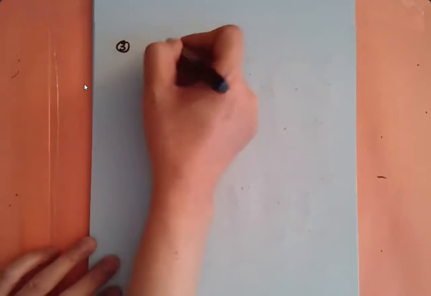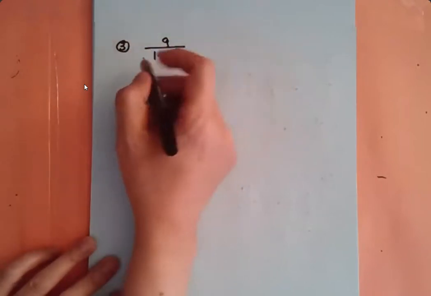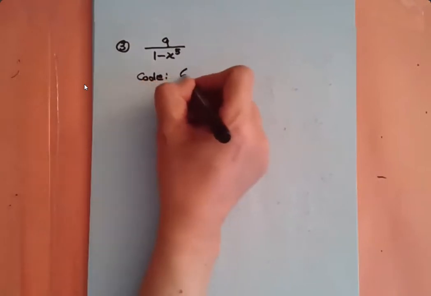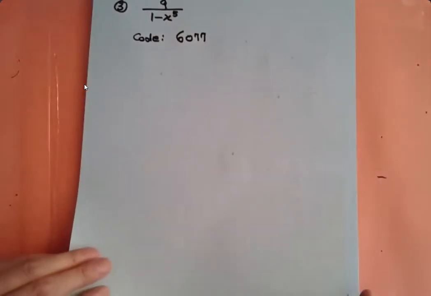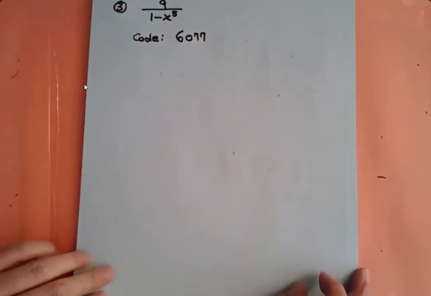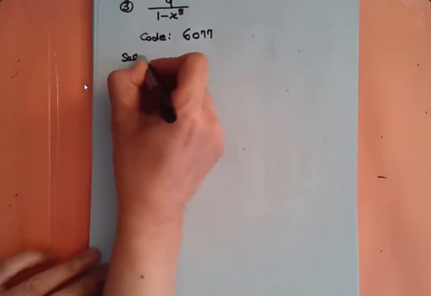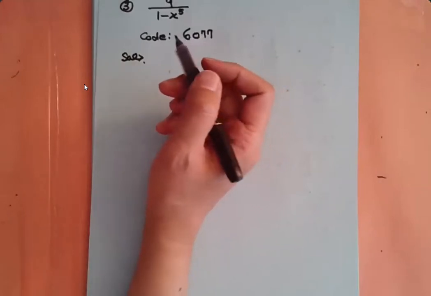The next one is 9 over 1 minus x to the 5th power. So this is a little bit easier problem.